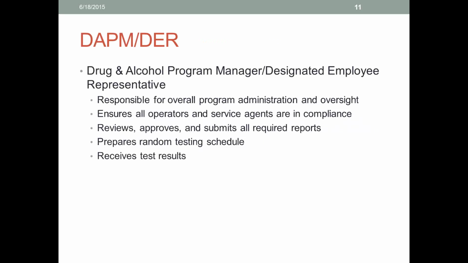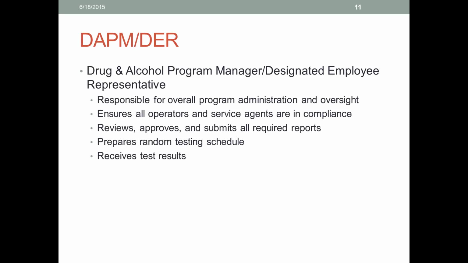So let's talk a little bit about the DAPM and the DER. They serve two different functions, but oftentimes those two functions are assigned to the same person. The Drug and Alcohol Program Manager is responsible for the overall program administration and oversight.